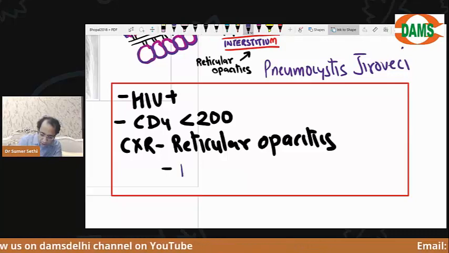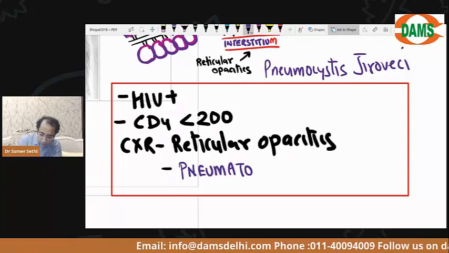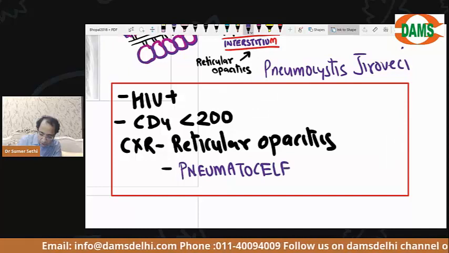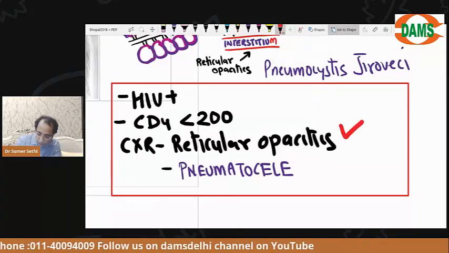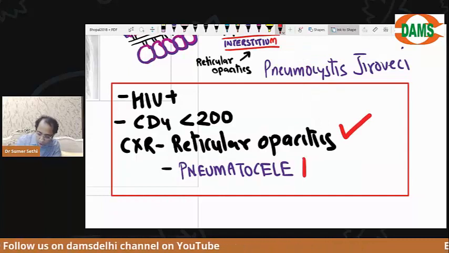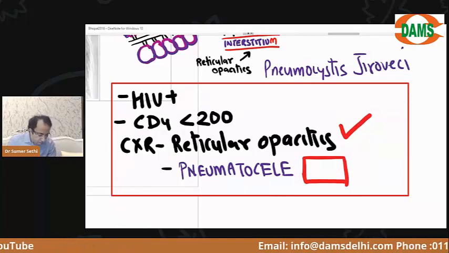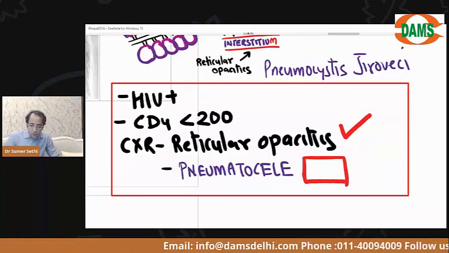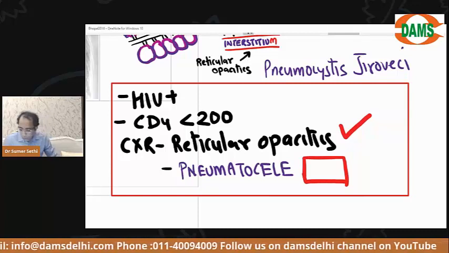In the PGI exam, sometimes they ask you, will you see pneumatocele formation in PCP pneumonia? The question says reticular opacity is there, but will there be pneumatocele formation or not? Will you see pneumatocele formation in PCP pneumonia? Yes or no?